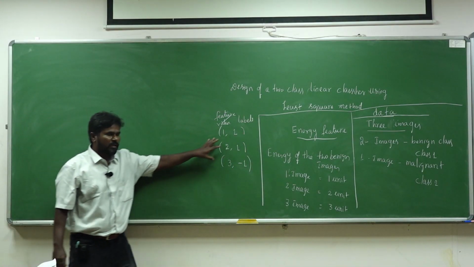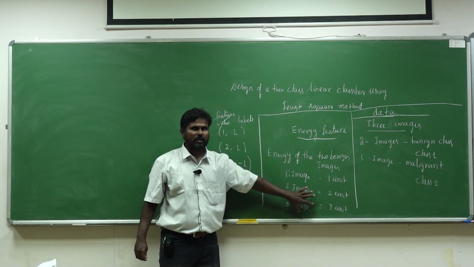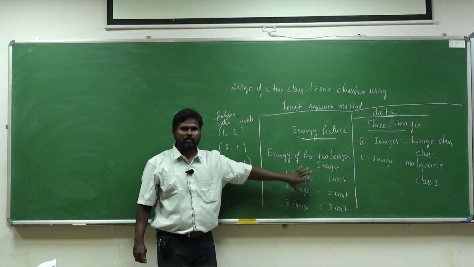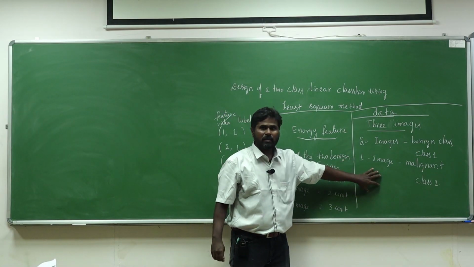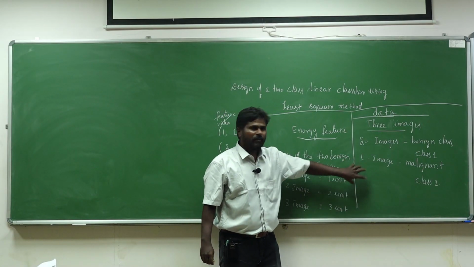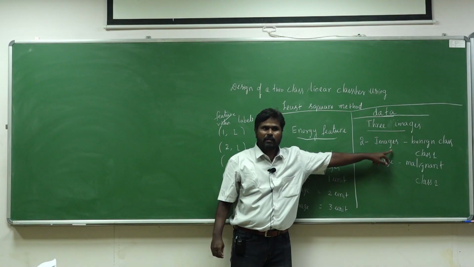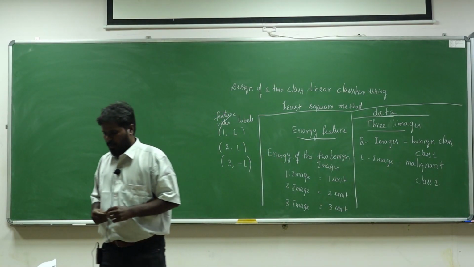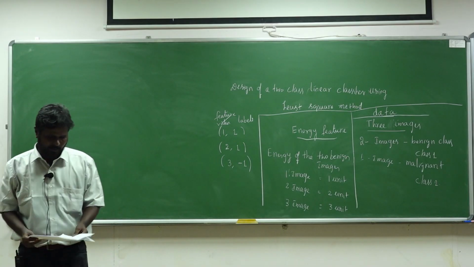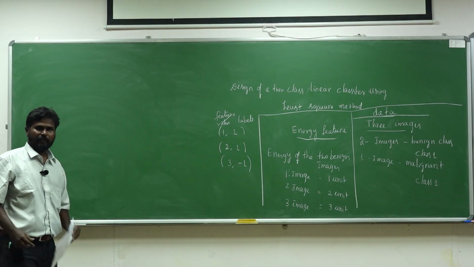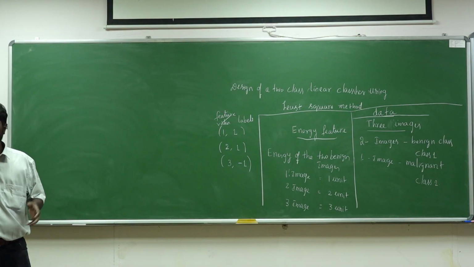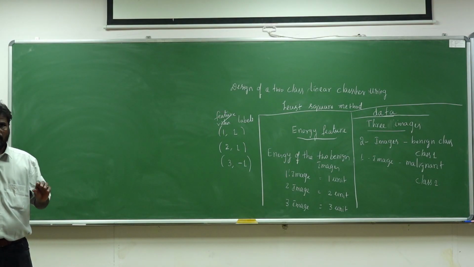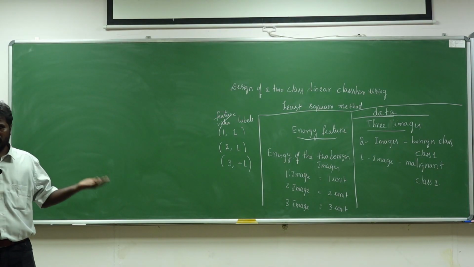Now we got the features from the images that we have taken. These are the 3 images. Out of 3, 2 are from the benign class and 1 from the malignant class. Let us depict these feature values in the feature space. How many features are we taking here?